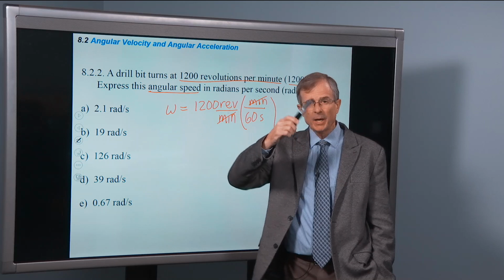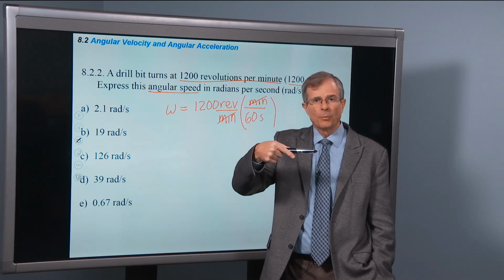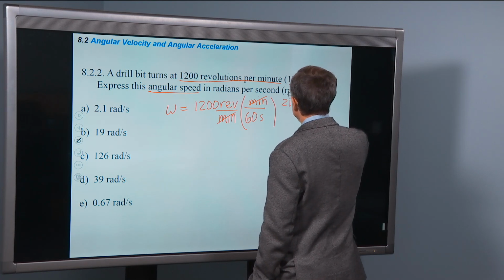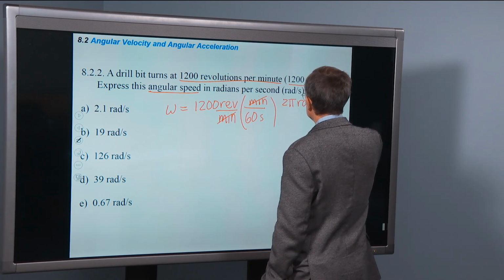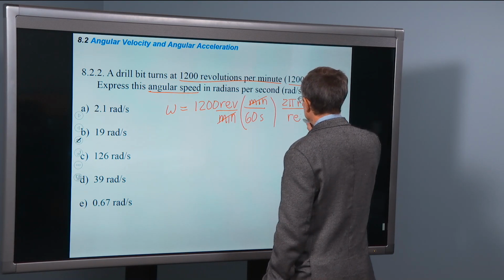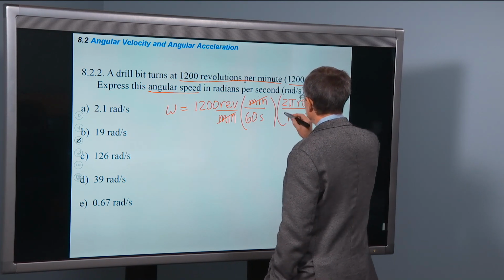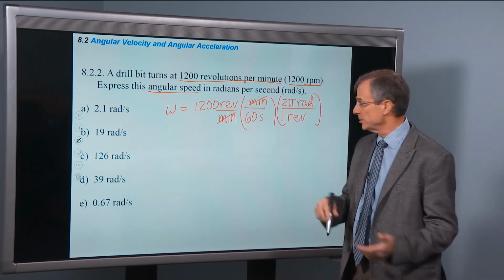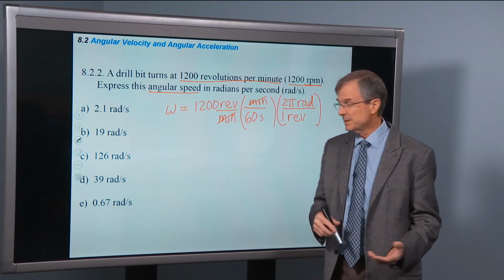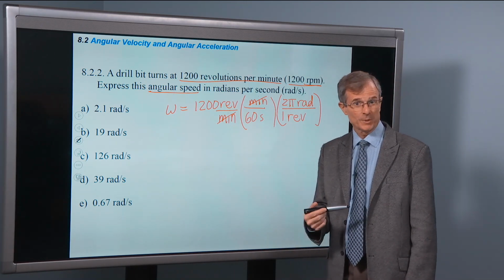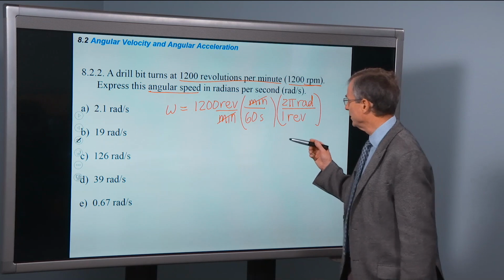There's 2 pi radians for one revolution. We talked about it before in terms of degrees. 2 pi radians is 360 degrees, but 2 pi radians is definitely one revolution, because that means you're going once around the circle. So that's how to do the conversions.